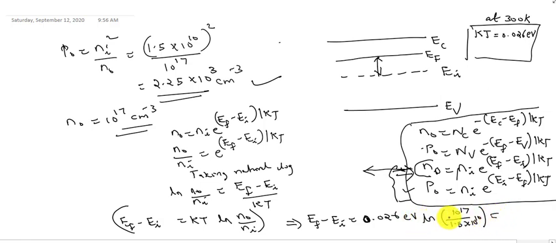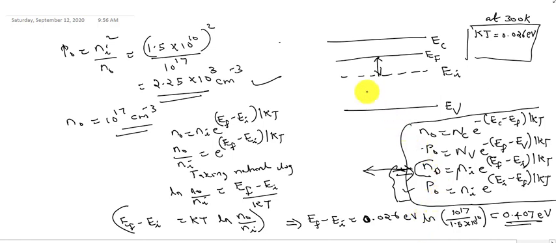The answer will always be in electron volt, since the kT value is in electron volt. The value will be 0.407 electron volt. So this is the value of Ef minus Ei.